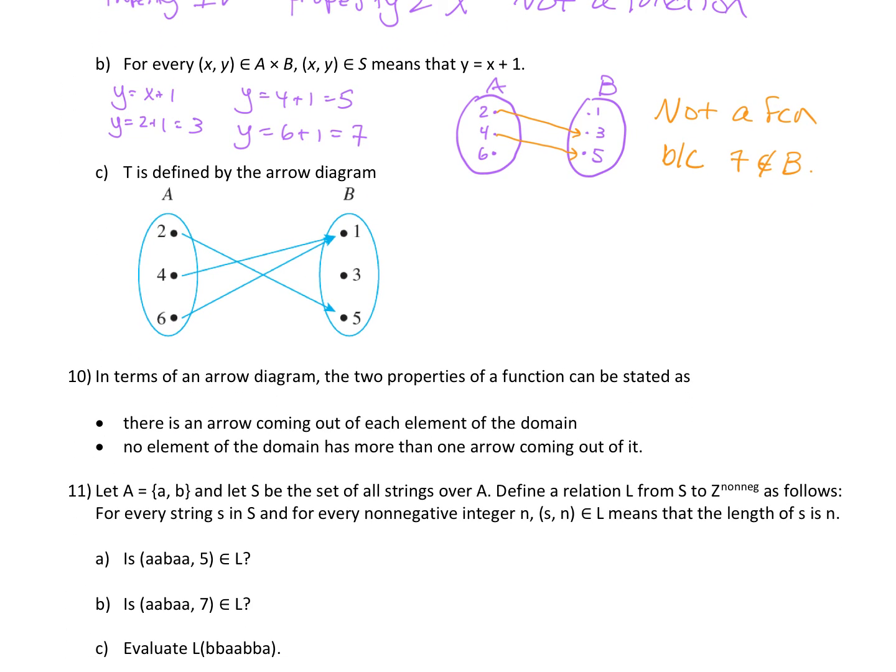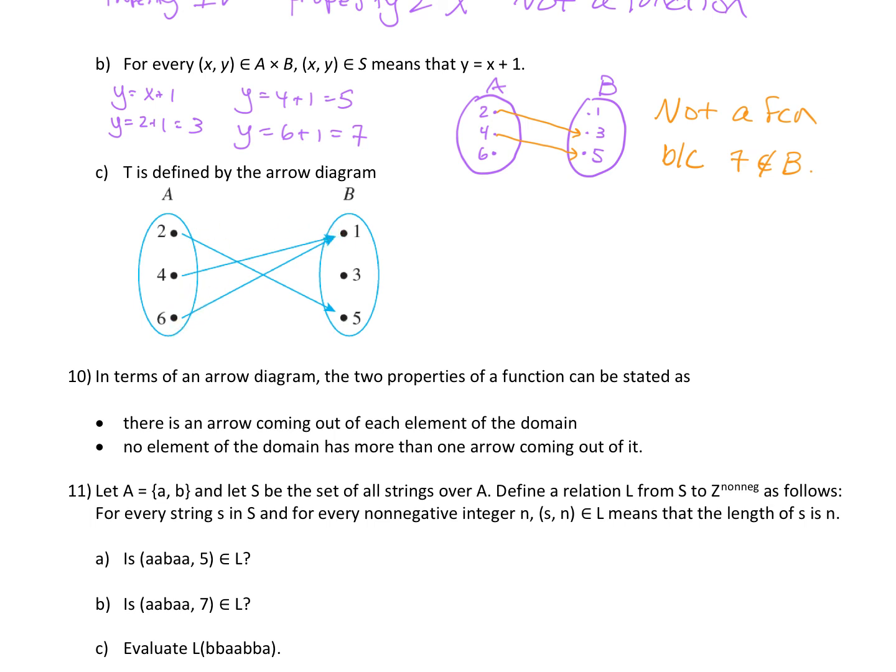Now I have an arrow diagram, 2, 4, 6 to 1, 3, 5. Every element in A is connected to something in B, and I don't have 2 lines coming out of any element from A. So 2 goes to 5, 4 goes to 1, and 6 goes to 1.